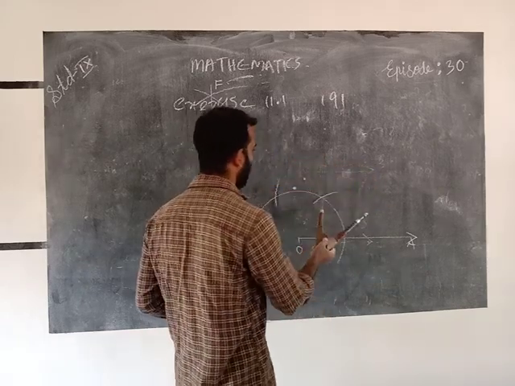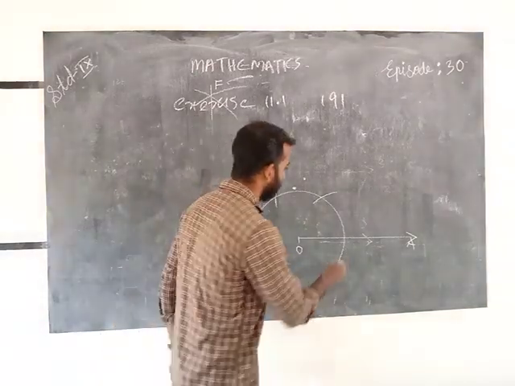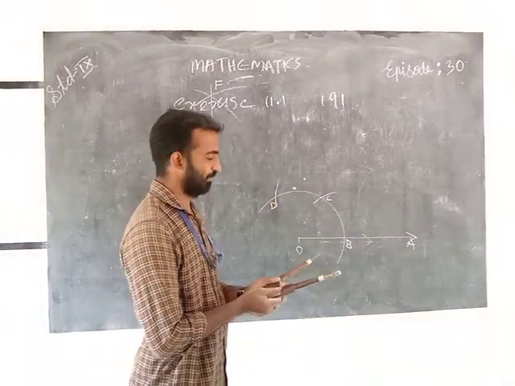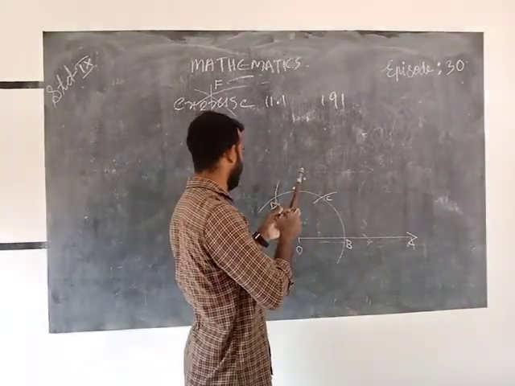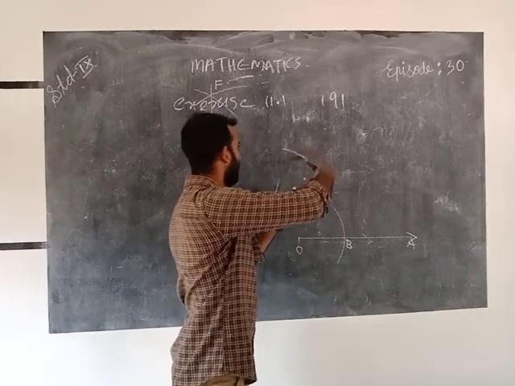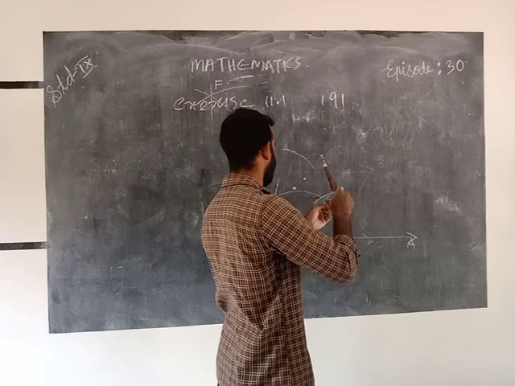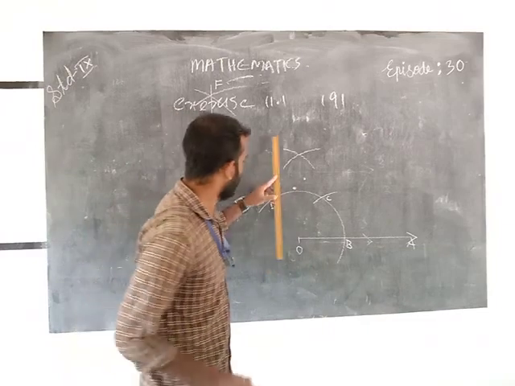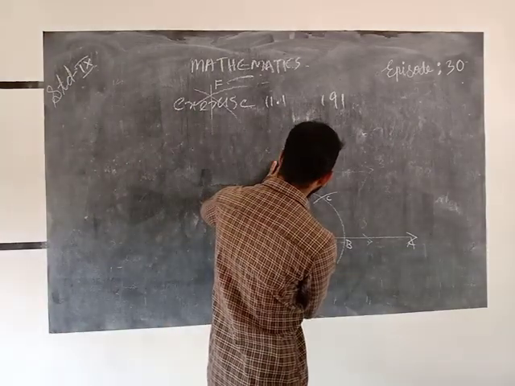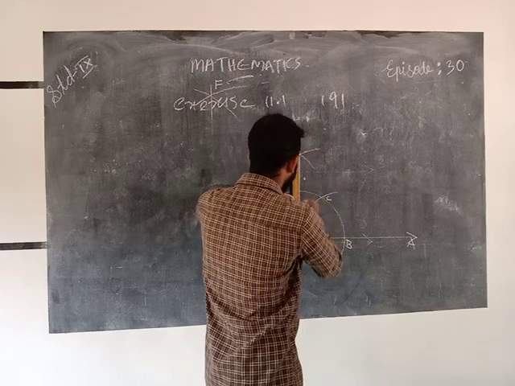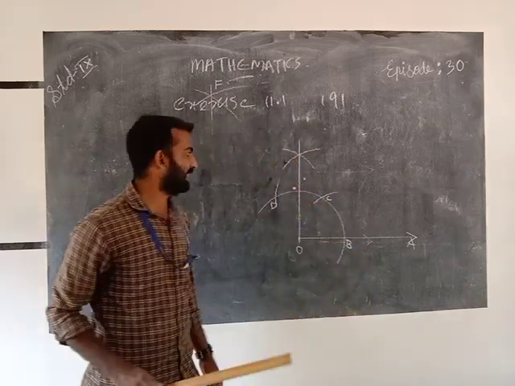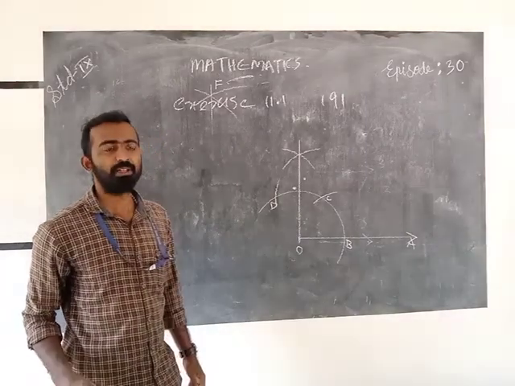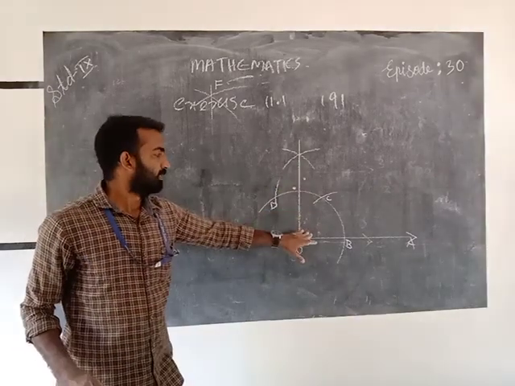We take more than half of these two, that is B, C, D, then we join these. This is 90 degrees. Then we want to draw a bisector of this angle.